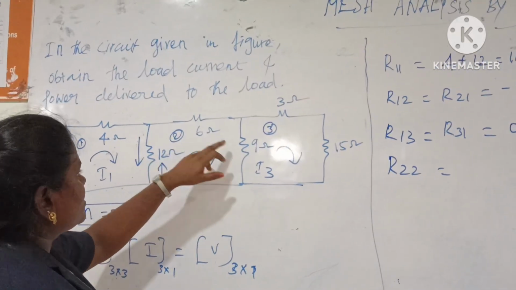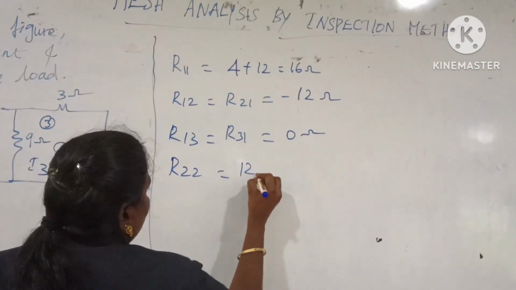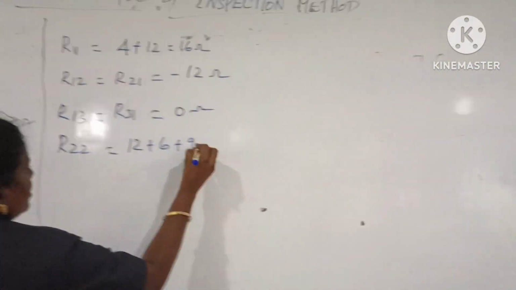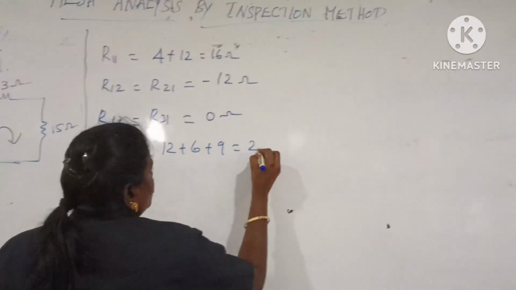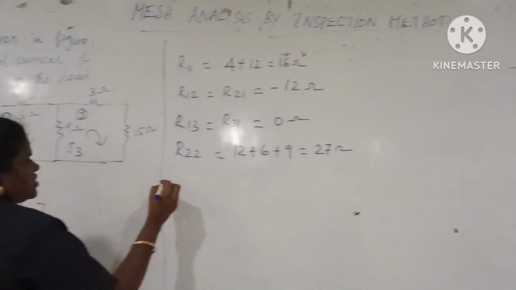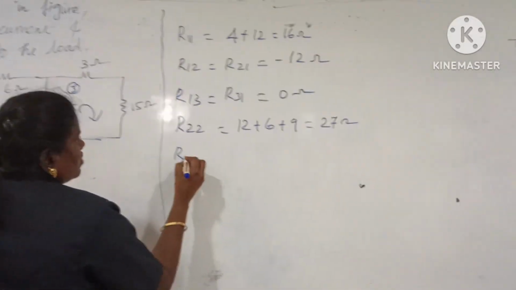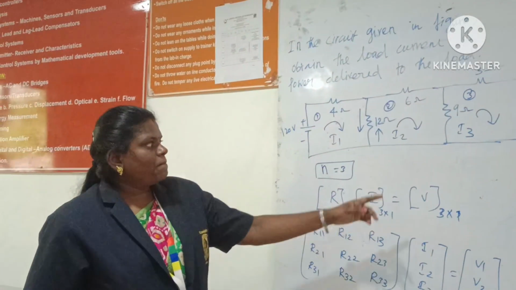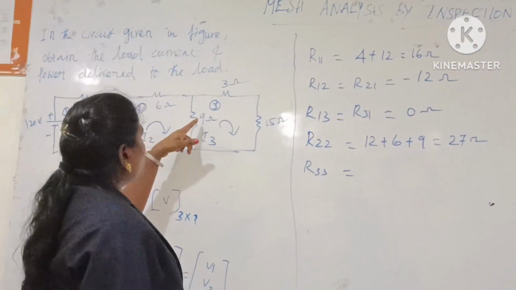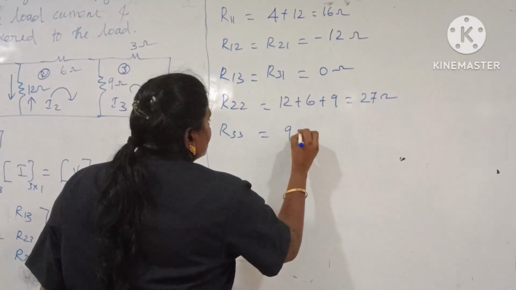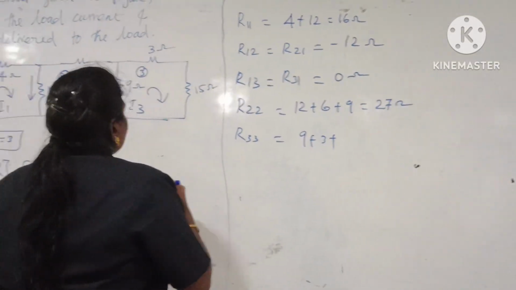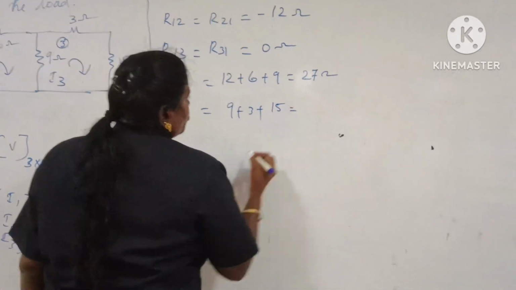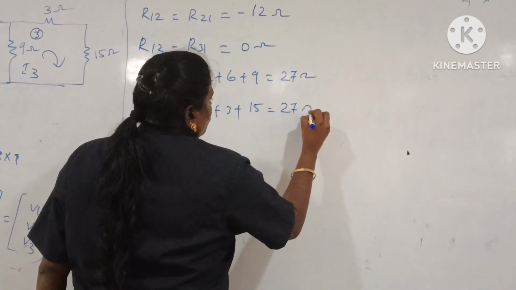So 12, 6 and 9 ohm resistance. 12 plus 6 plus 9 is equal to 27 ohm. Next R33. For loop 3, the sum of all resistance in loop 3, 9 plus 3 plus 15 ohm. So you will get 27 ohm.